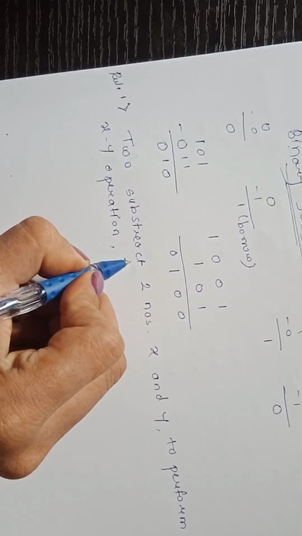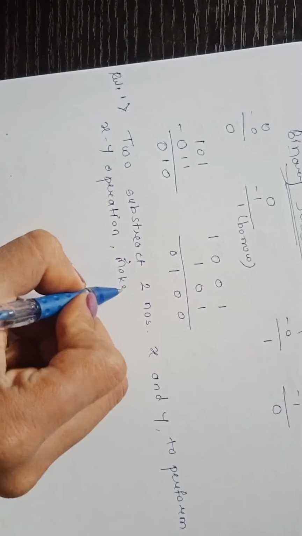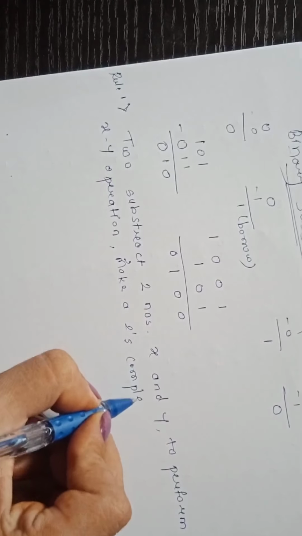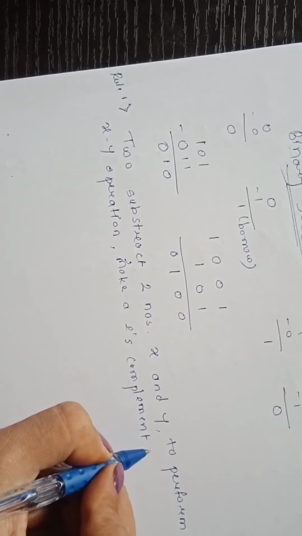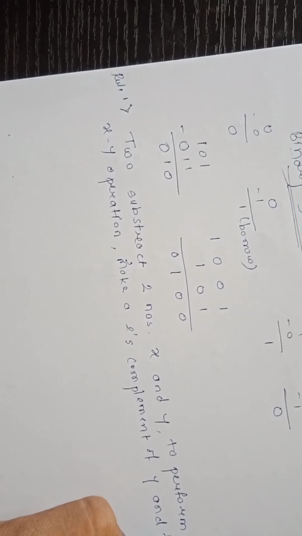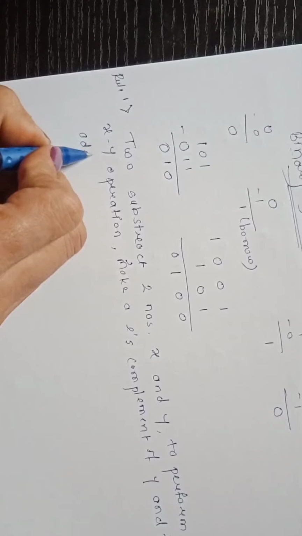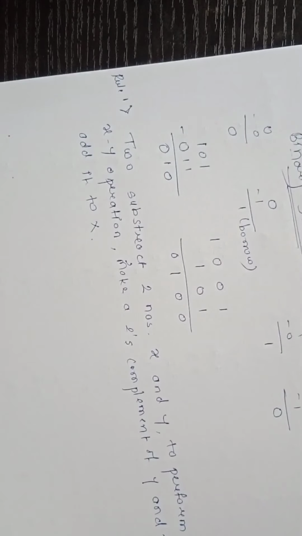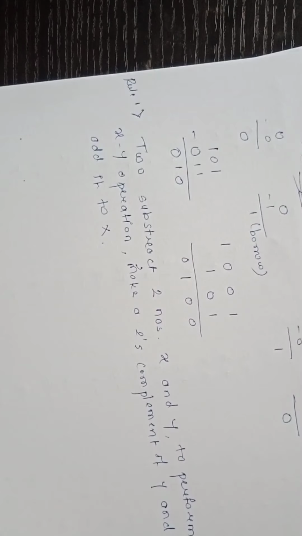first make a two's complement of y and then add it to x. Okay, this is the rule number 1.